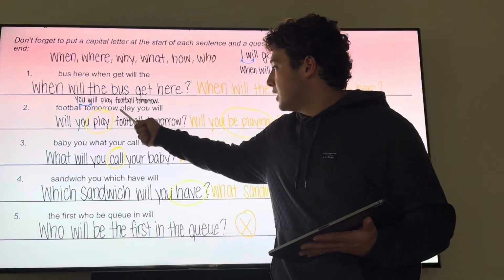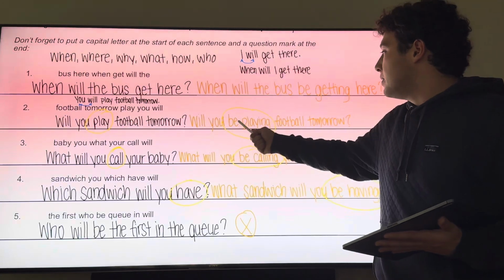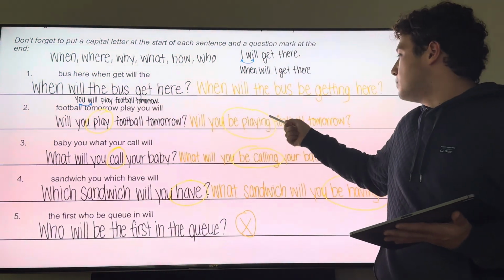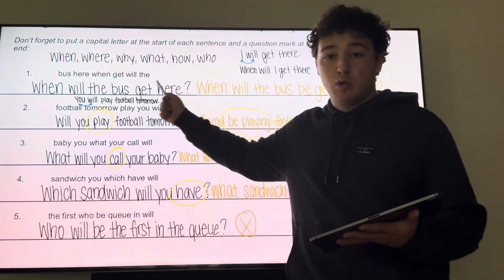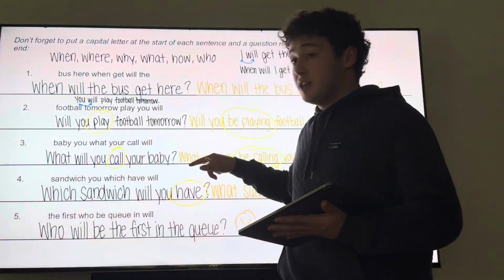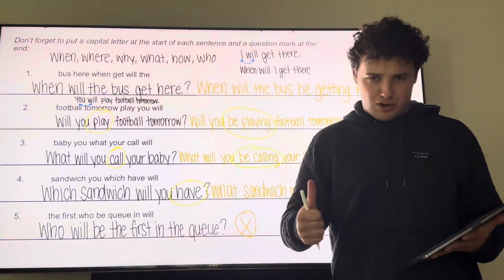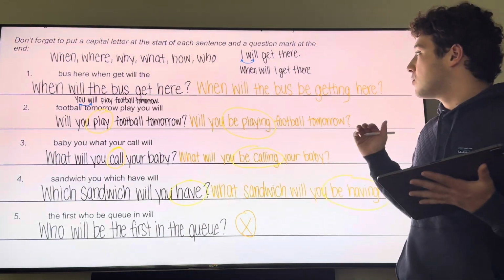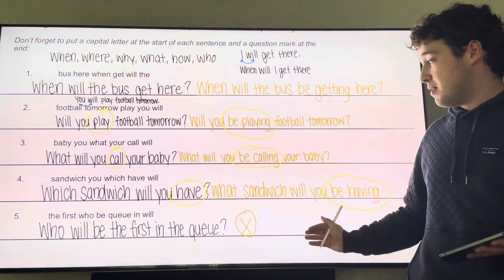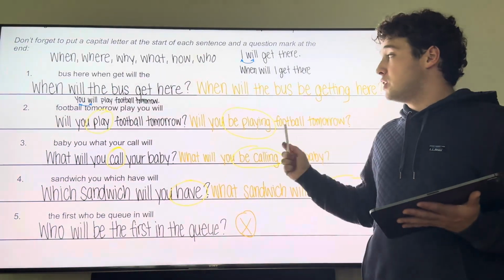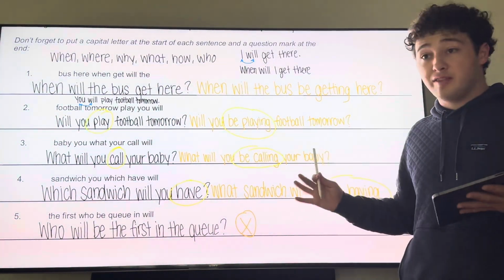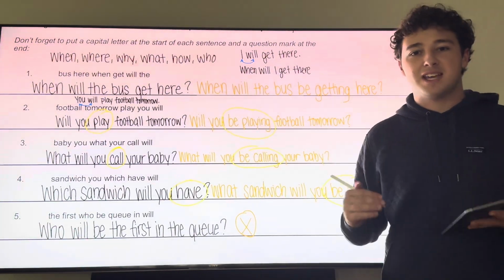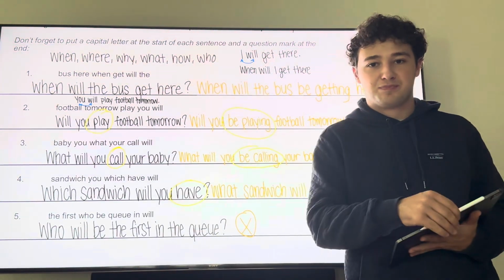See that play turns into be playing. Will you play football tomorrow? Will you be playing football tomorrow? If you can go from here to here, that's all good. That's what we need to learn from this lesson. So just to remind you, it may seem very hard, but the real object of this was to understand the differences in these types of tenses and how to formulate them.